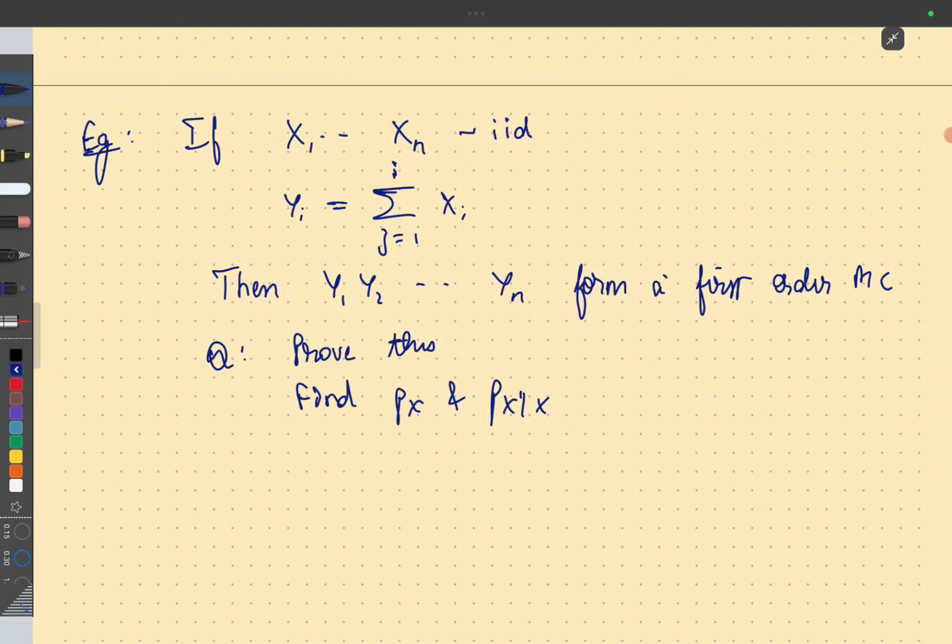Just as we defined a first order Markov chain, we can define a kth order Markov chain, where each xi can depend only on the k previous symbols.